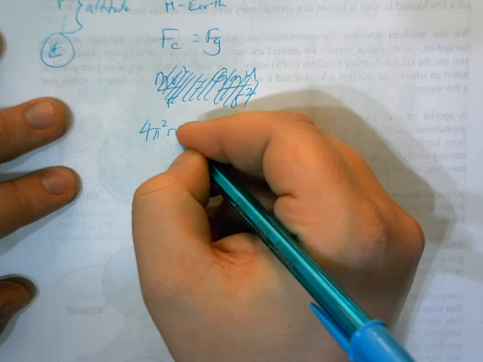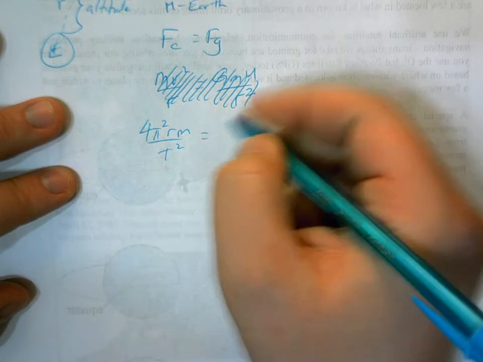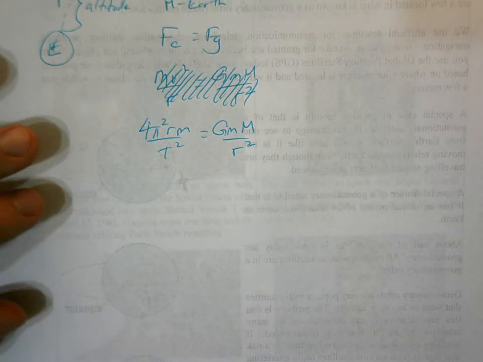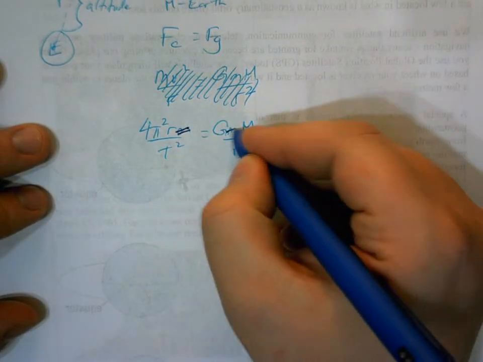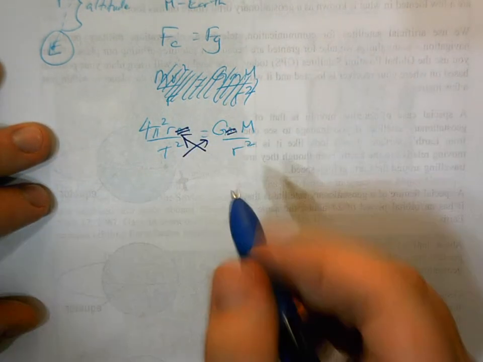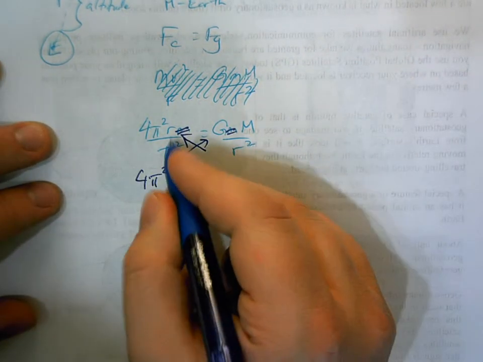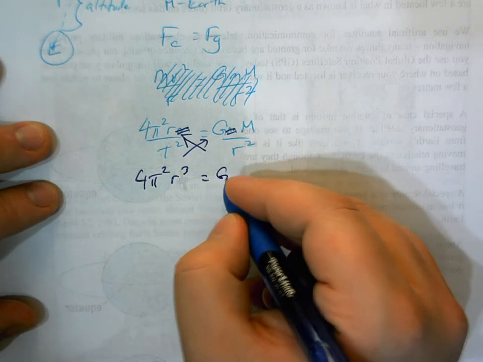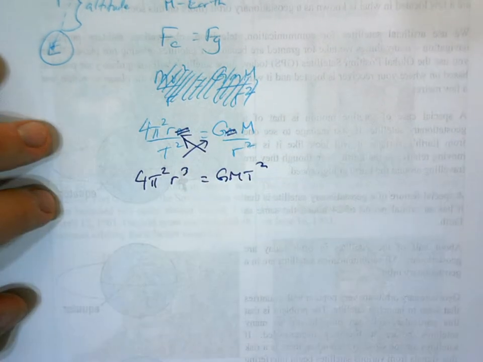So we're going to use 4 pi squared rm over T squared, and we're going to have that equal GMm over r squared. Again, the mass of the satellite is irrelevant, and then like the other problems, we're going to cross multiply both sides. So I get 4 pi squared r times r squared, which gives me r cubed, equal to GM multiplied by T squared.